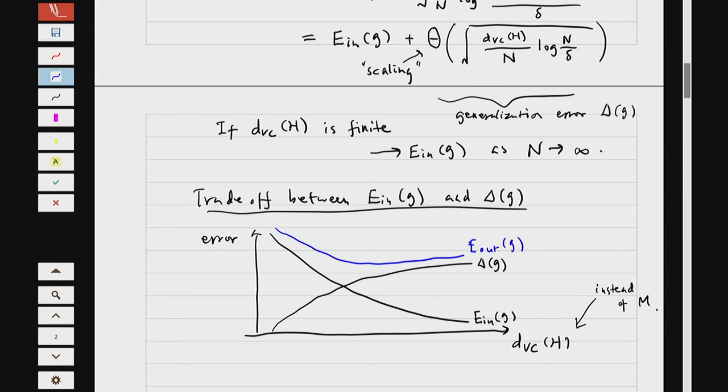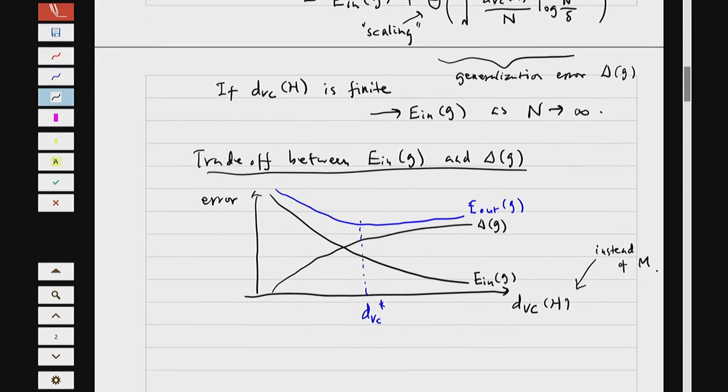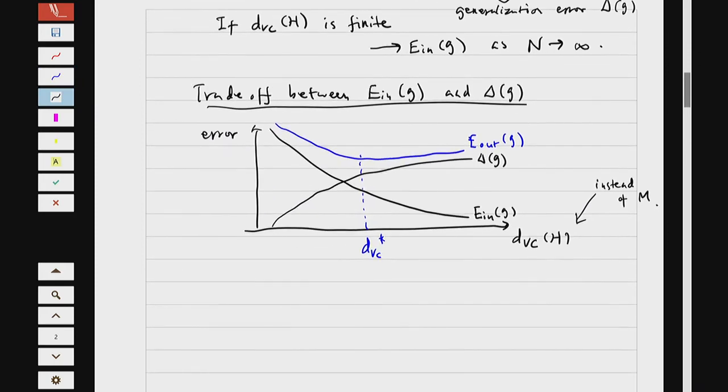And if you find, let's say here is the lowest point, then this would be your DVC star, the optimal model complexity. So in other words, for example, this DVC would be the linear model, maybe over there is quadratic, and maybe over there, much higher DVC, it is a neural network, let's say.